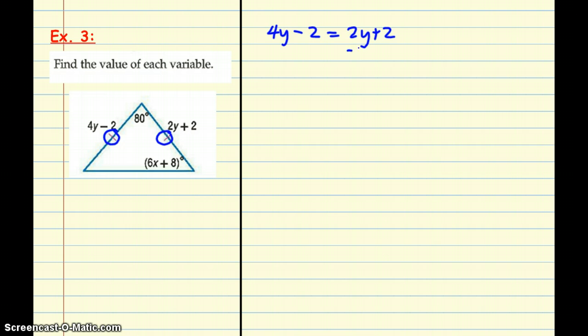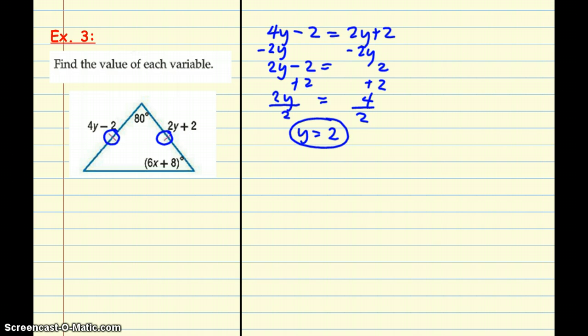I'm going to subtract 2y from both sides to get 2y minus 2 equals 2. I'm going to add 2 and divide by 2. So in this case, we find that the value of y is 2.